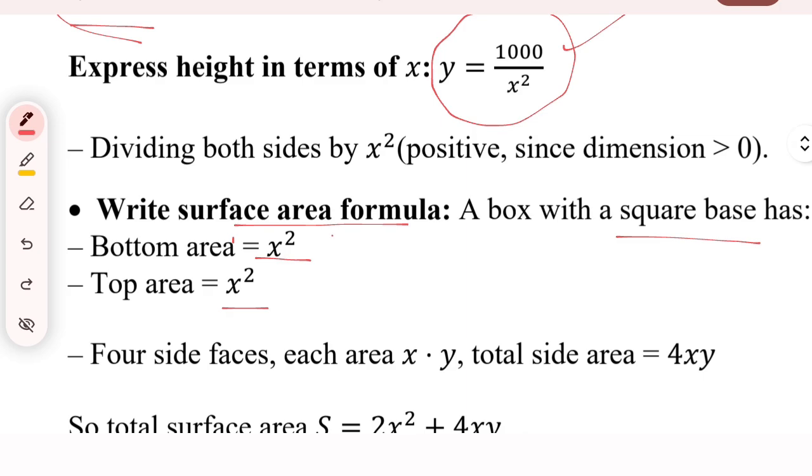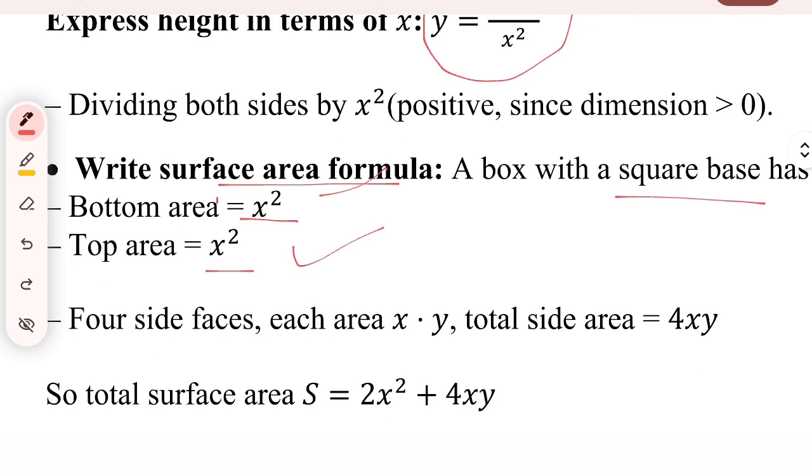So we know the bottom area, we know the top area. Since it is a box, that means it has a bottom, a top, and four sides. What would be the area of one side of the box? One side of the box is equal to x times y. Remember, the base is x and the height is y. So we can compute the area of one side of the box, x times y.